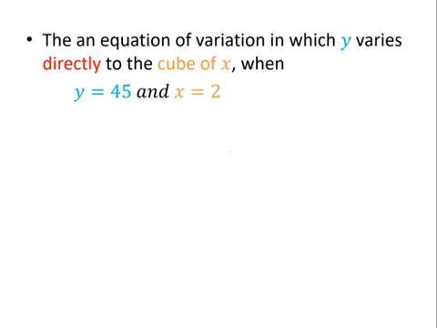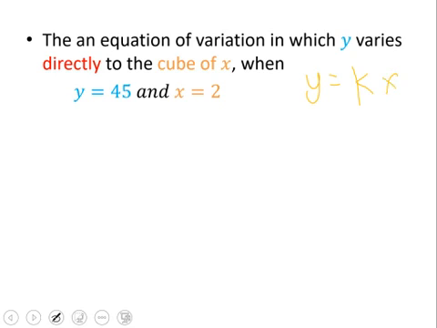All right, so the equation of the variation in which y varies directly to the cube of x, and then we have when y is 45, x is 2. So what we're going to want to do here is set it up. So since it varies directly, that means we know we're going to have y is equal to kx.